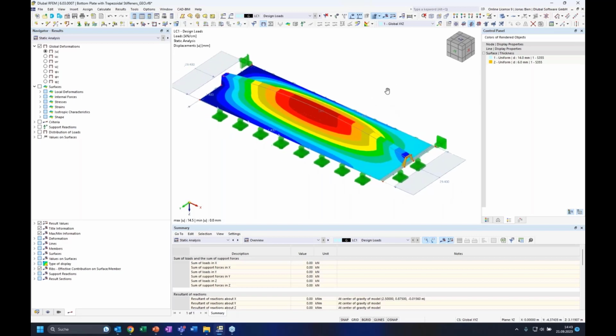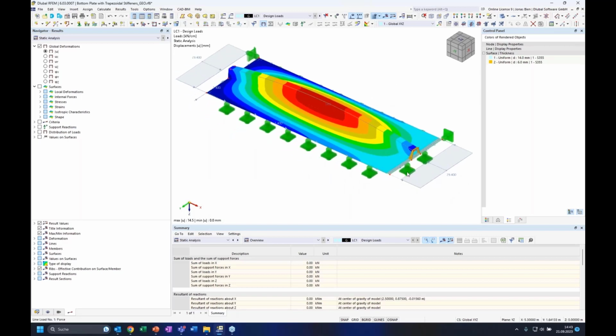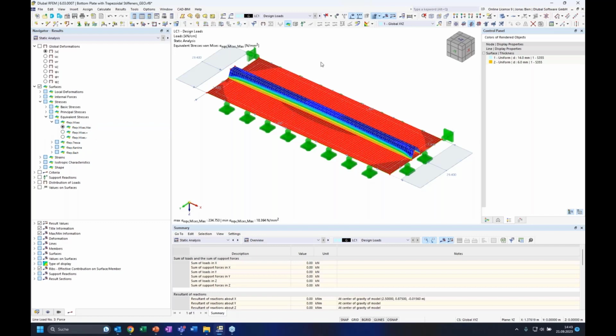What we see here, by applying the load only to the plate, is of course some eccentricity to the overall section of the stiffened plate, so it bends upwards. And what's also interesting is the stress state in the static analysis.